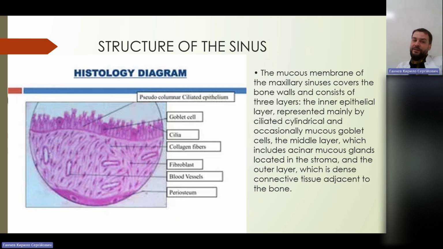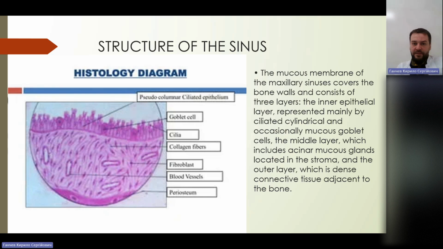And that's why we need to understand that we have very specific cells there. Maybe you remember that from the histology course. The mucous membrane of the maxillary sinuses covers the bone walls and consists of three layers.